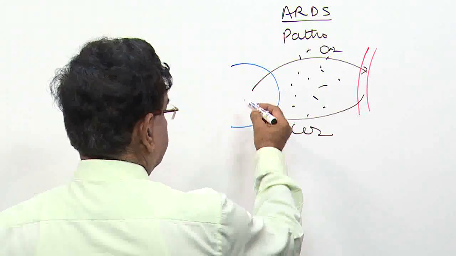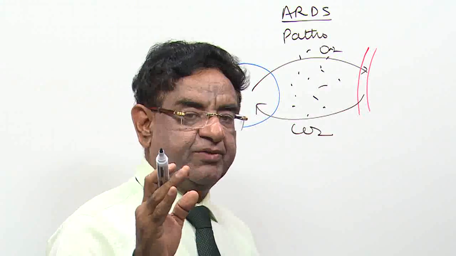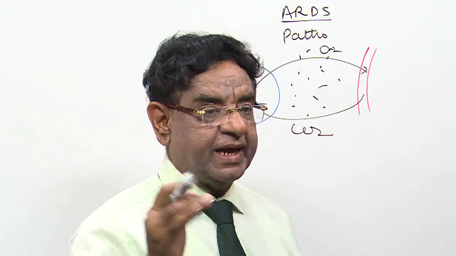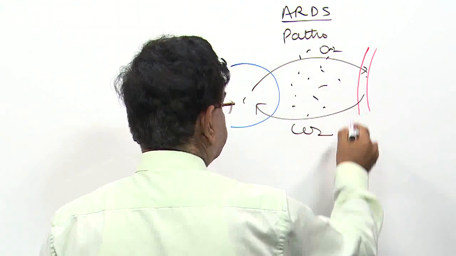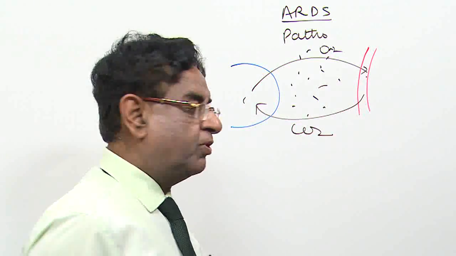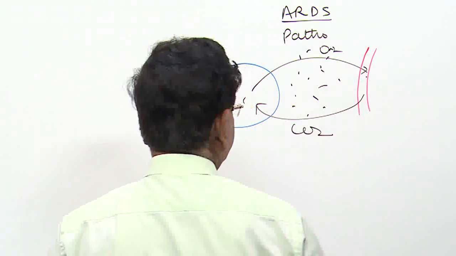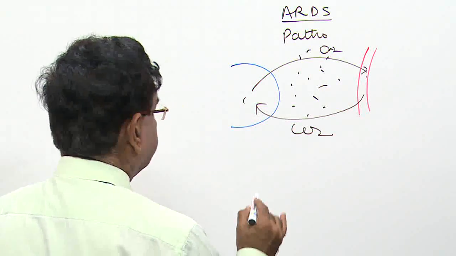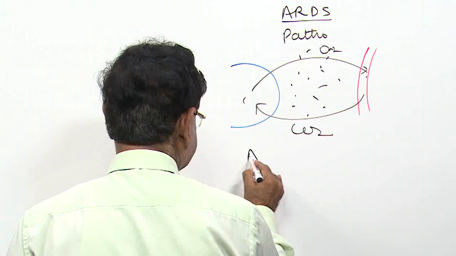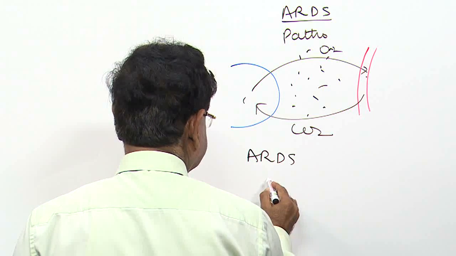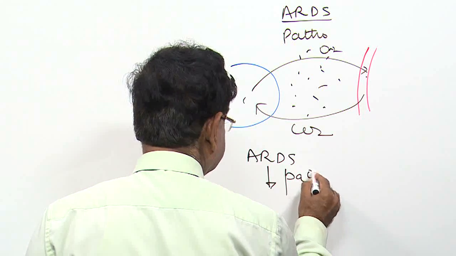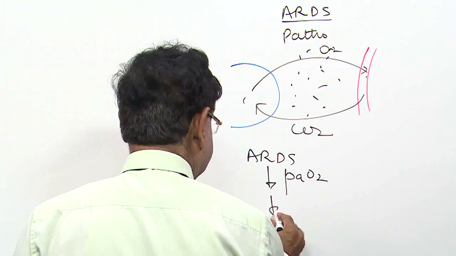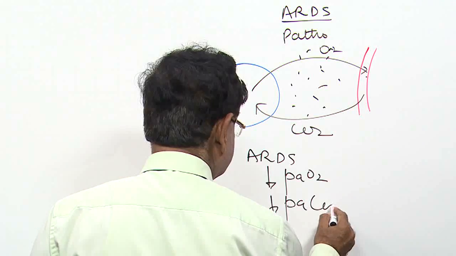Hence, as you know, oxygen is a water insoluble gas, so oxygen cannot go in. But CO2 is a water soluble gas, it can come out. So that's why in ARDS there is hypoxia, PaO2 is reduced and CO2 is reduced.